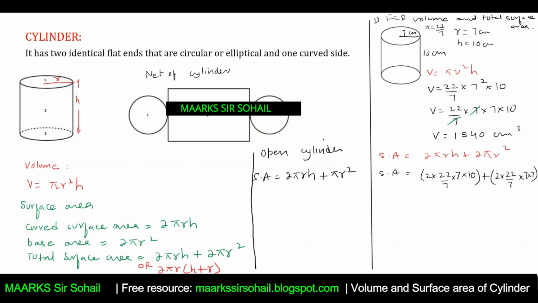I'm writing 7 two times instead of 7 square. Now I'll simplify it. I'll cancel 7 with 7 here. So the first part will be 440. The 7 and 7 will be cancelled, so 2 into 22 into 7 is 308. So the surface area will be 748 centimeter square.